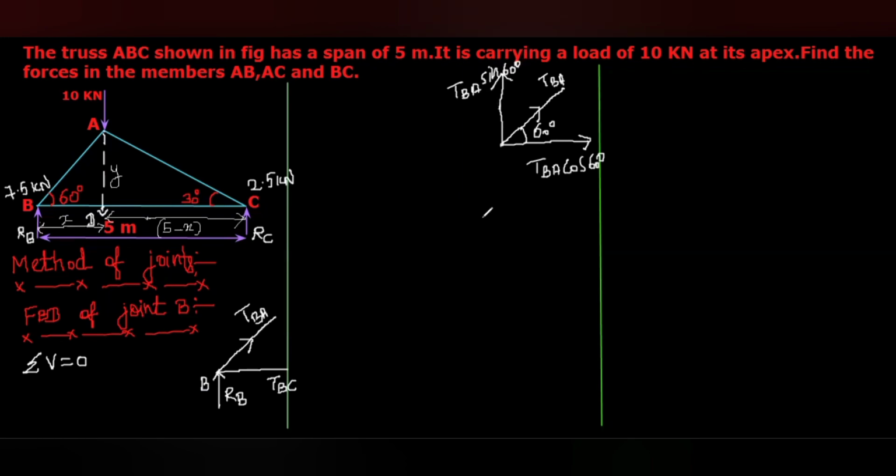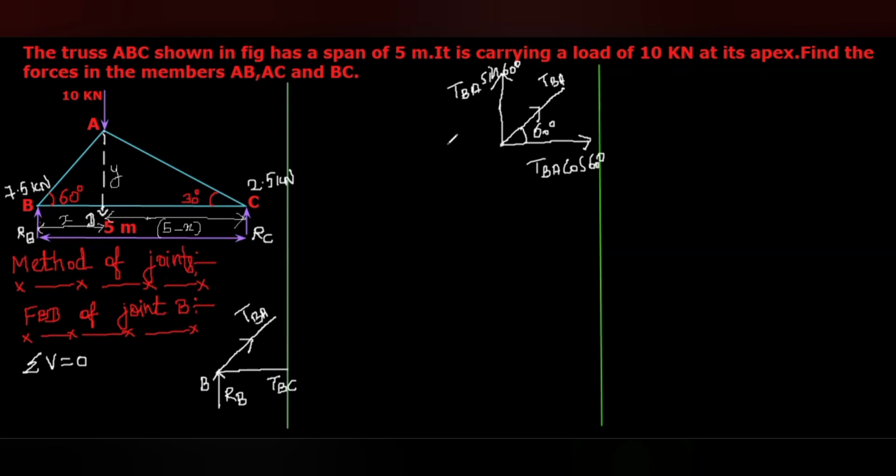Okay. So now this RB should be balanced by the resolved vertical component of this inclined force TBA. That means the RB should be counterbalanced by TBA sin 60.